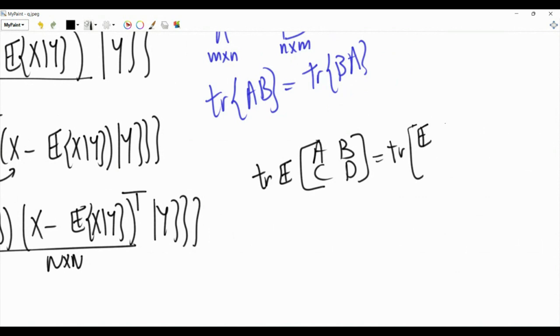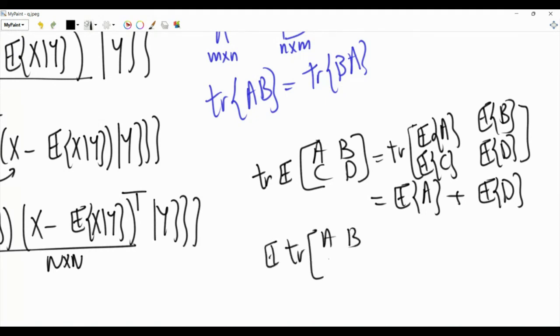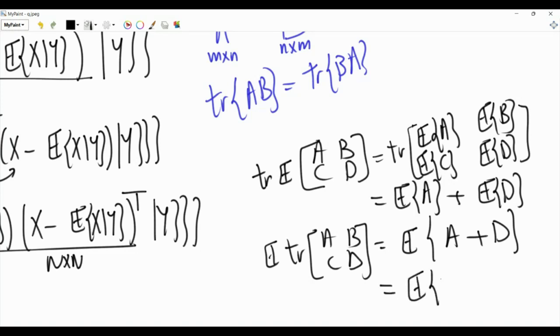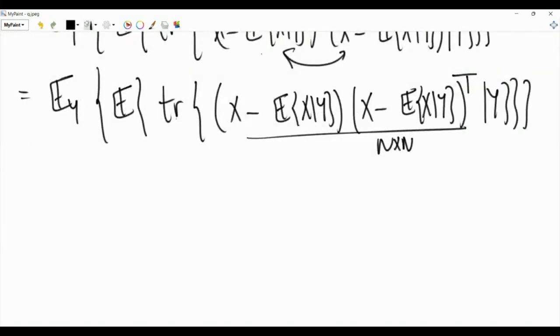So after applying the expectation, our matrix will be expectation of A, expectation of B, expectation of C, expectation of D. When we take the trace of this matrix, we sum the elements on the main diagonal: the expectation of A plus the expectation of D. What about the expectation of the trace? In this case, we compute the trace first, which is A plus D. Then we take the expectation, but the expectation is linear. By the linearity of expectation, this is also the expectation of A plus the expectation of D. So this is a demonstration that we can swap expectation and trace.